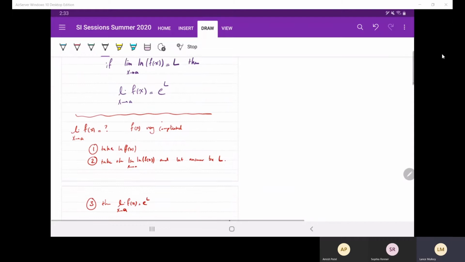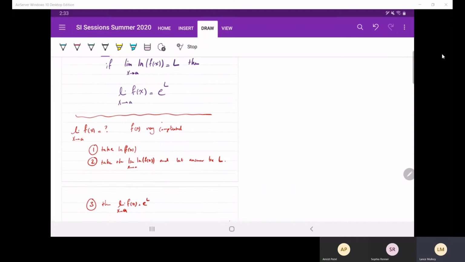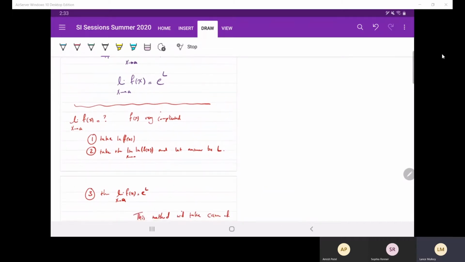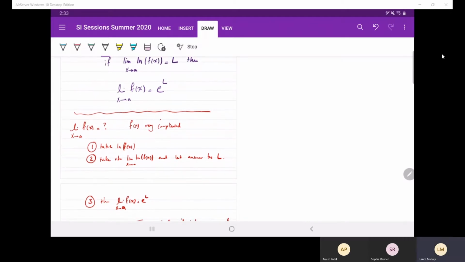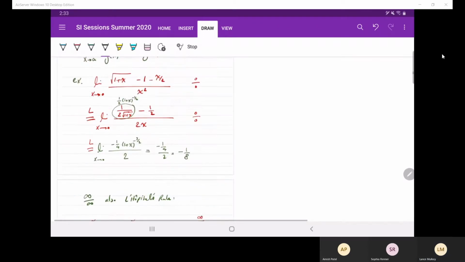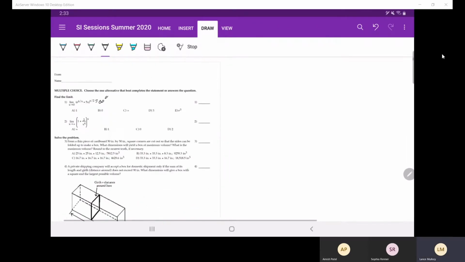He went over this. For a complicated limit, take the natural log of f of x. Take the limit as x approaches a, and the limit of f of x as x approaches a is e to the l. So that's what we're going to do up here.